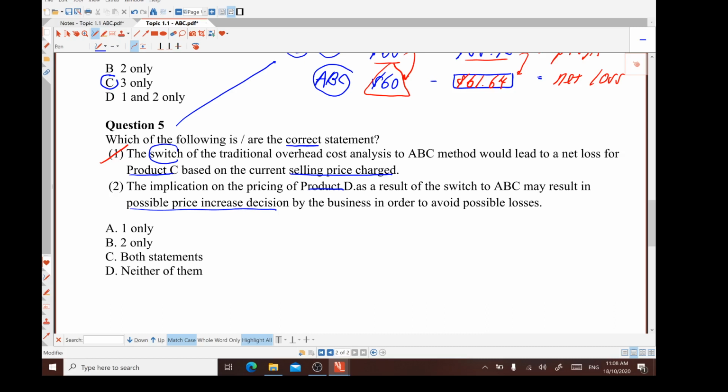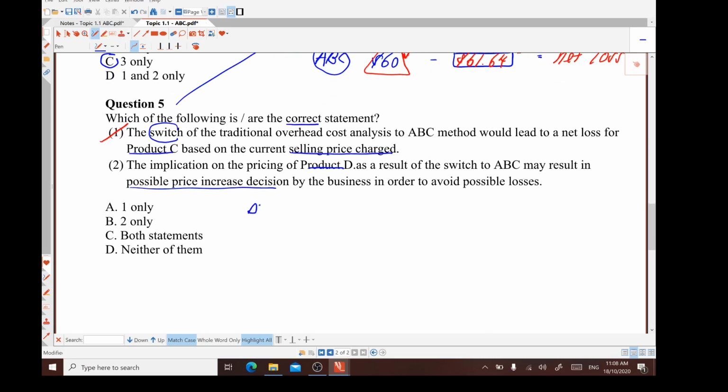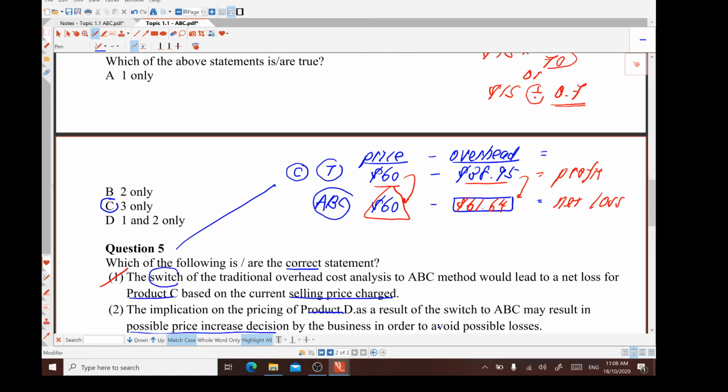Okay, so once again, we have to make a comparison, the price and the overhead cost. We just want to know, if they switch from traditional to ABC, will this trigger a possible price increase decision? And let's have a look at D.